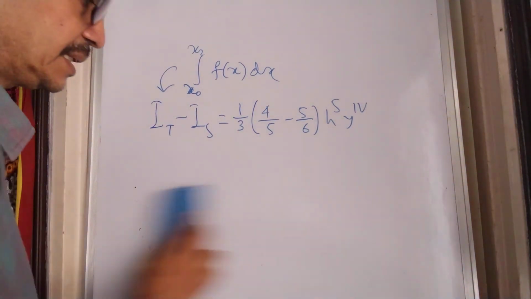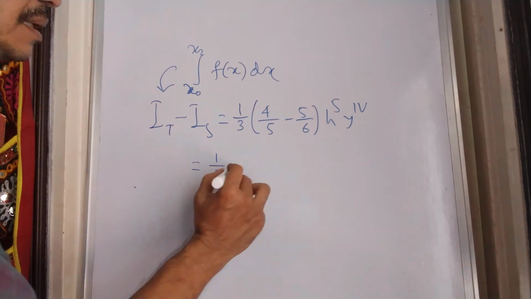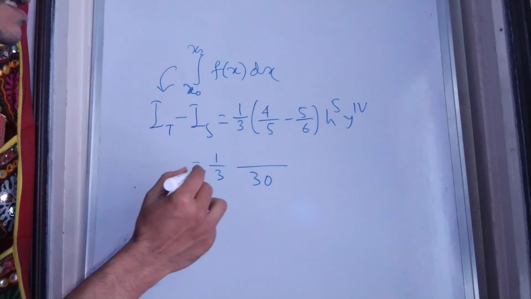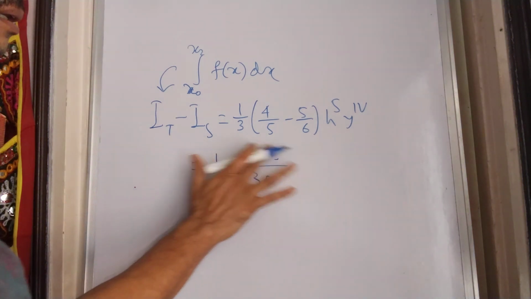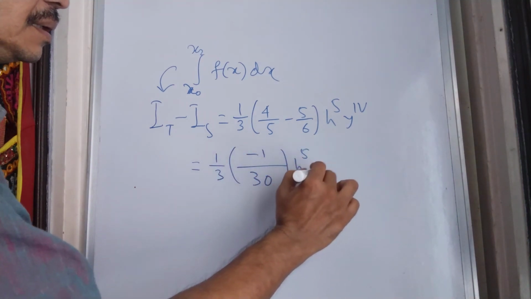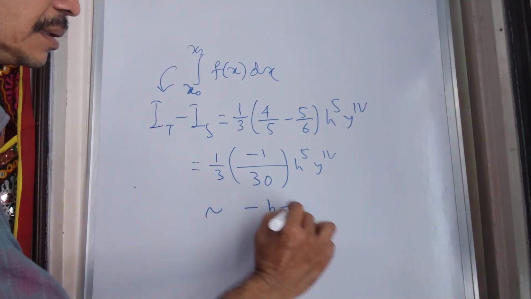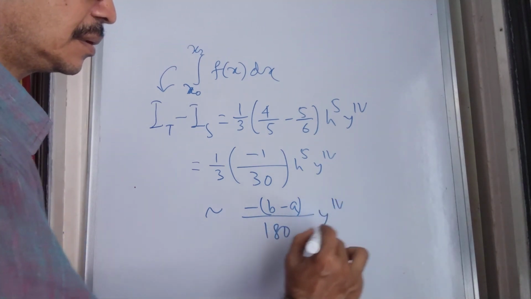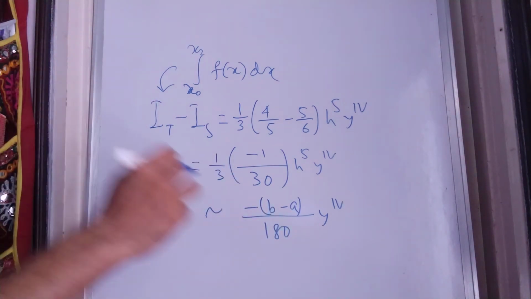And if we subtract this, it becomes 30, and we have 24 minus 25 giving minus 1, and this we may write replacing h by (b minus a) by 2.